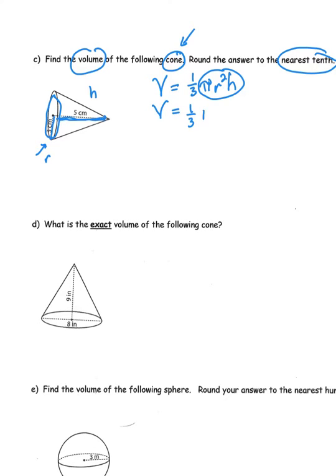Apparently we're not allowed to use anything other than pi. We need to use the pi symbol right now. The radius is 3, and we have to square it, and then the height is 5. Now that we have this substituted, I personally prefer to take this bit by bit. I'm going to take 3 squared, which is 9, times 5.